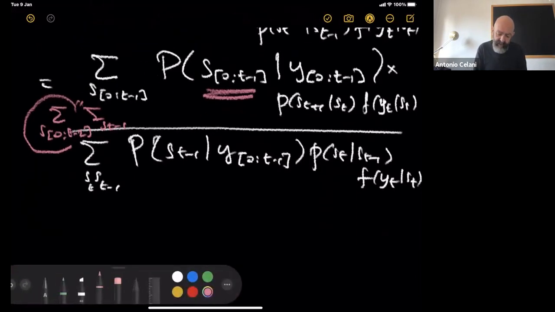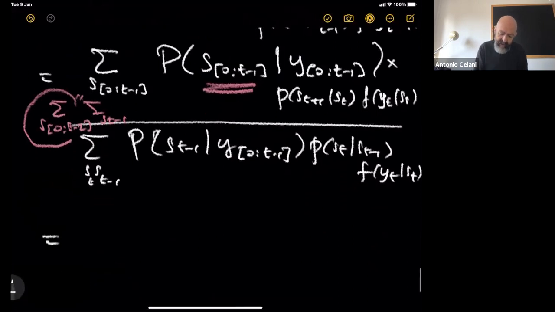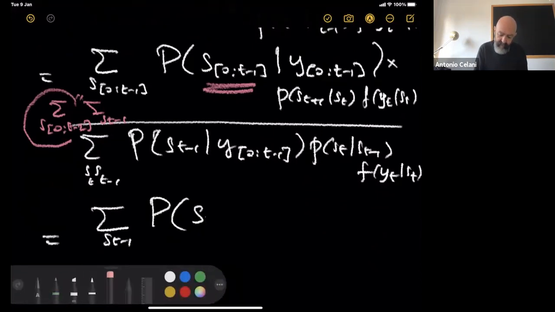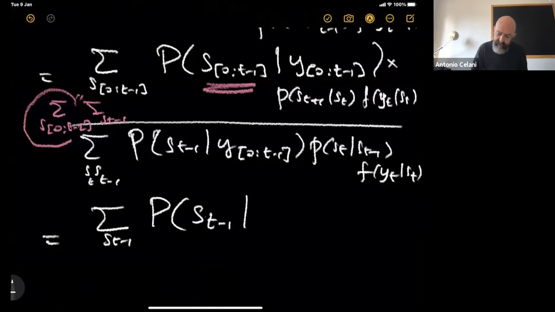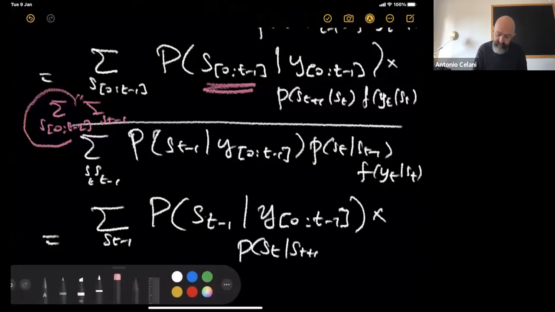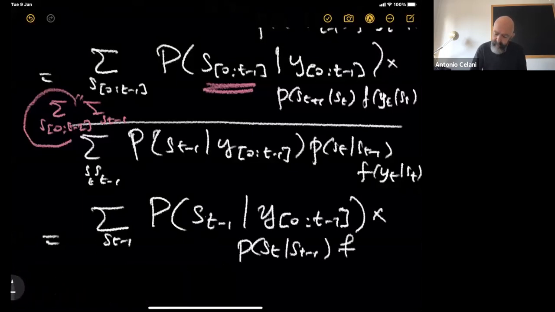So this allows me to get to the final formula, which is the sum over states at time t minus 1 of the probability of the state at t minus 1 given the history until time t minus 1, times the transition probability, times the observation.